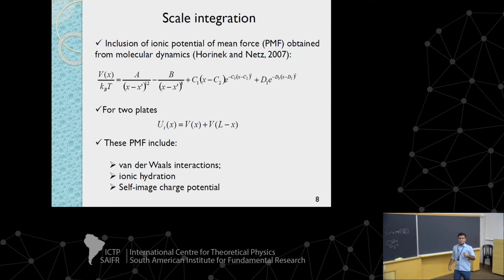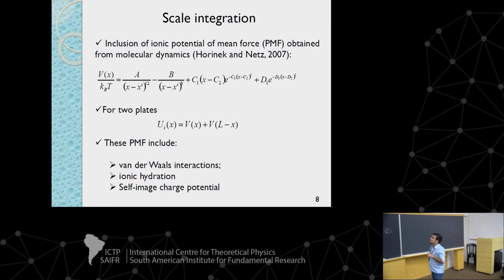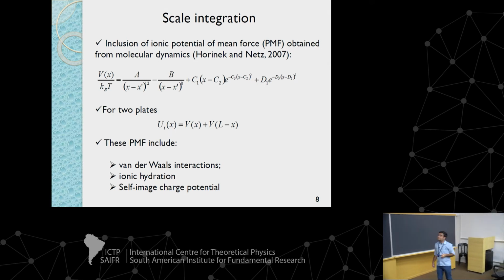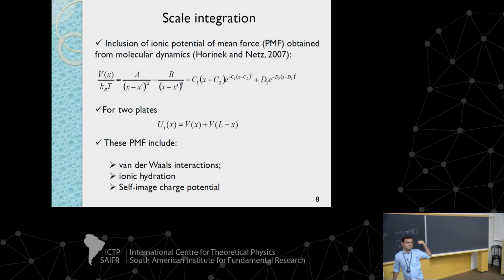And we can also do what we call a scale integration, okay? Fernando talked about this in one of his talks too. We can get information from a more detailed simulation and introduce it in a macroscopic model, for example. How do we do that? We get, for example, the potential of mean force of an ion at infinite dilution interacting with a surface.